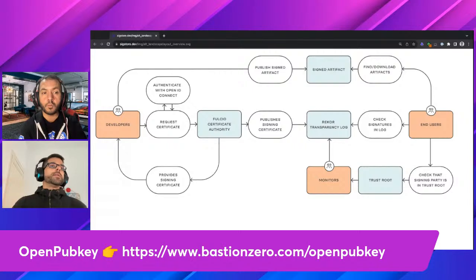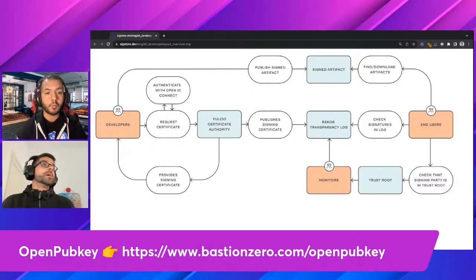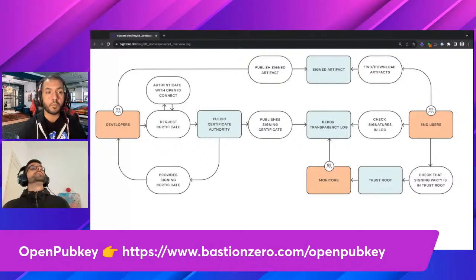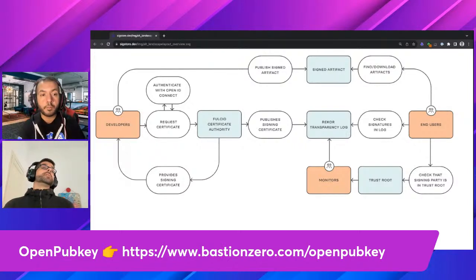They embed the public key of their user, and then with another private key, they sign any artifact.